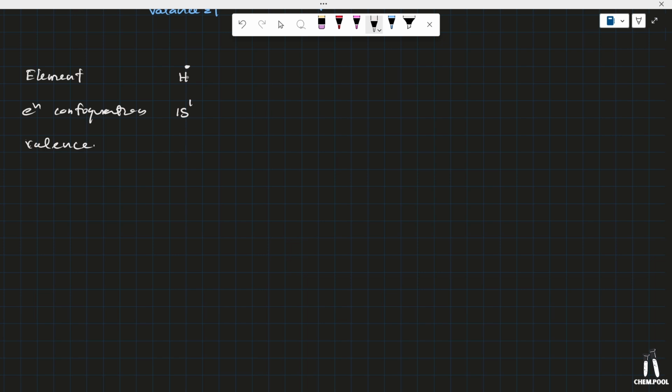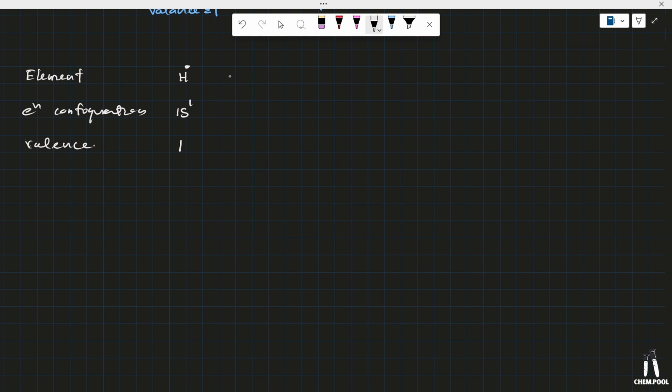Therefore, here is 1 electron and valence is 1. Why? Hydrogen can't get the octet, but it is saturated with 2 electrons, because it only has the 1s orbital in main energy level n equals 1. Therefore, the maximum number of electrons is 2.